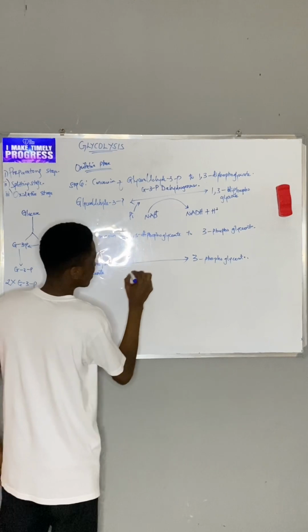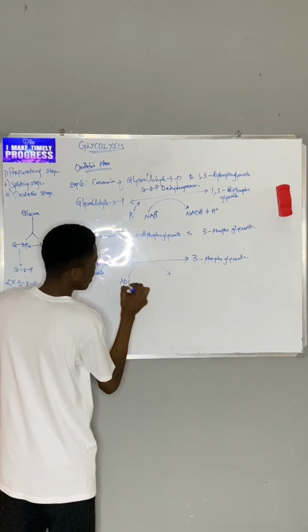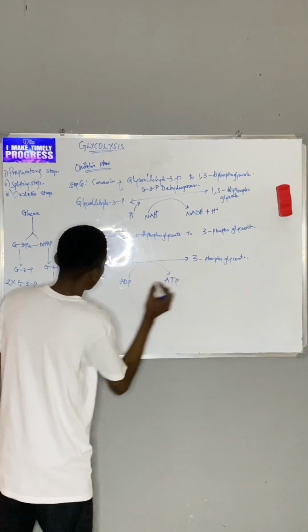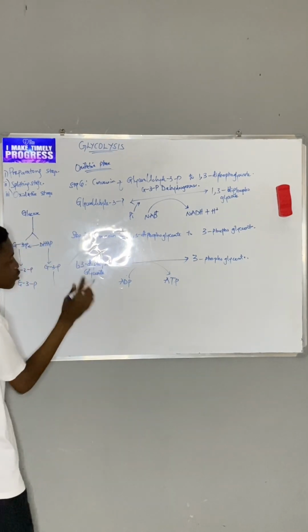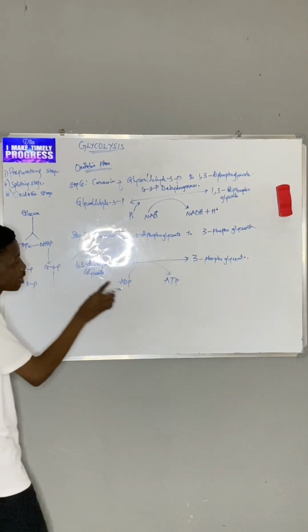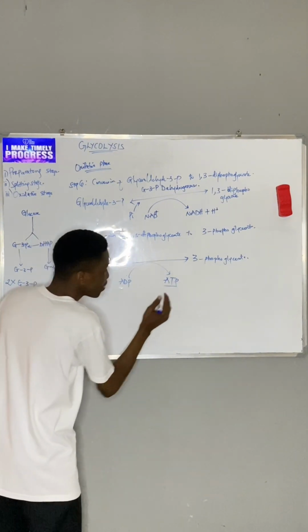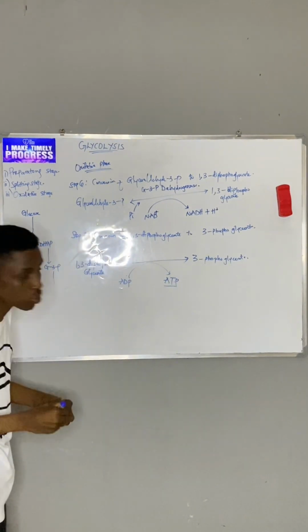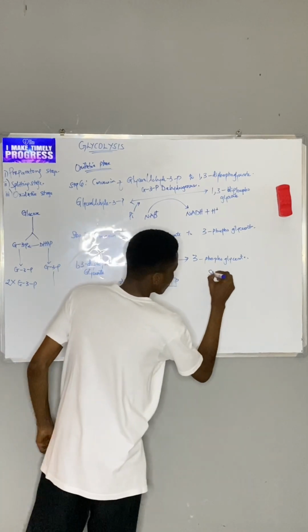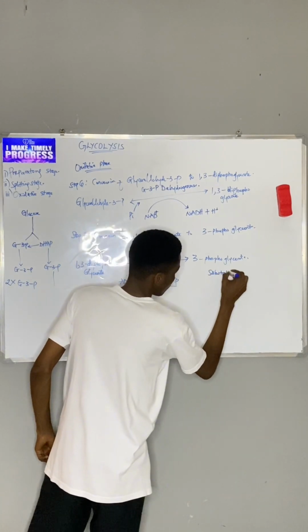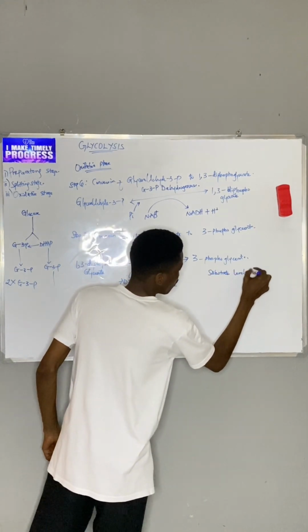Right here, like I said, ADP is converted to ATP. Why? If you see, I have 2 phosphates here. So I take one of them, the one on position 1, and I add it to ADP, and I form ATP. So because I'm forming ATP in this particular step, it is called substrate level phosphorylation.